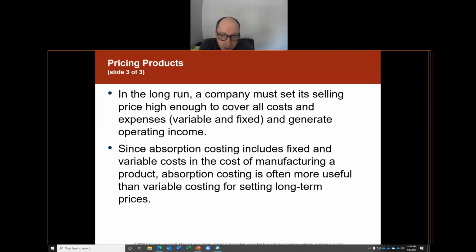So in the long run, we typically try to sell a product above our variable and fixed costs to generate an income. That makes sense. I mean, the whole idea of being in business is to generate profit, right? Generate income.